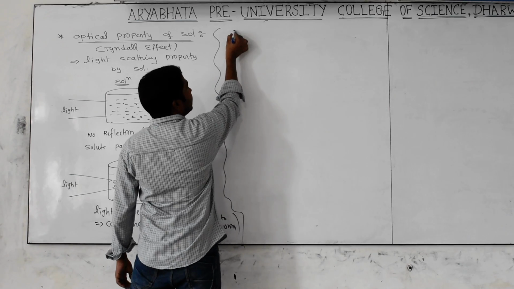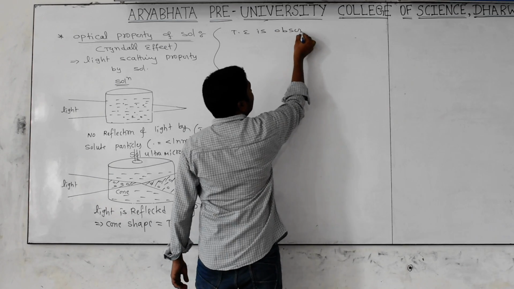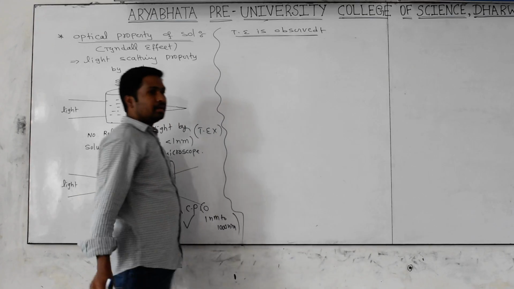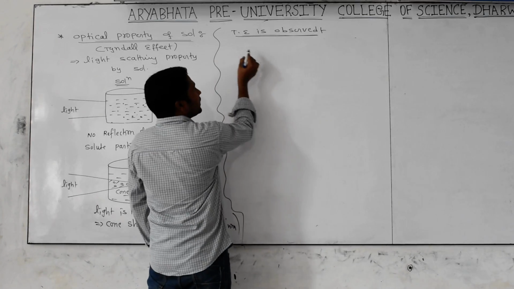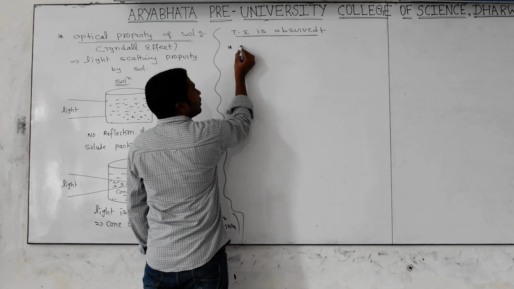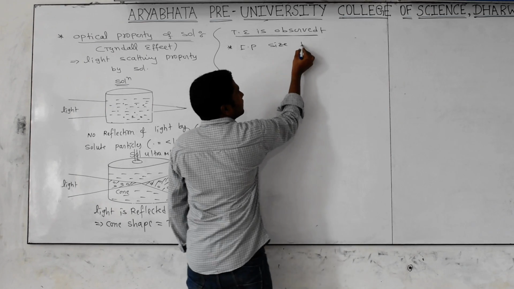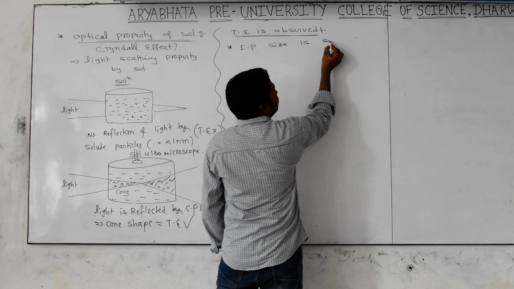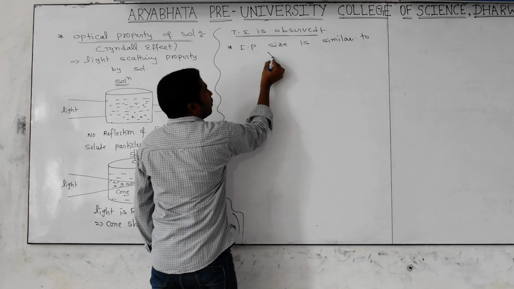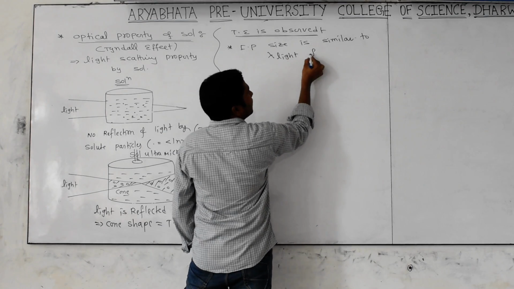I am telling that the Tyndall effect is observed based on the size of the particle. The Tyndall effect is observed when the particle size, nothing but the colloidal particle size, is similar to the wavelength of light which is falling.